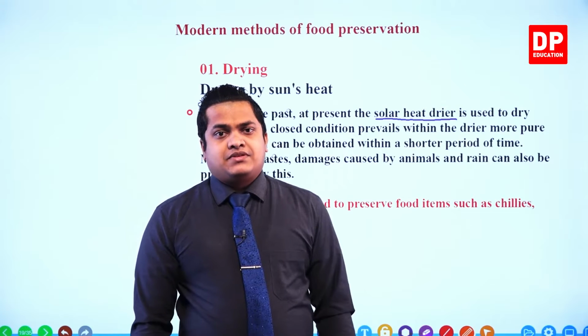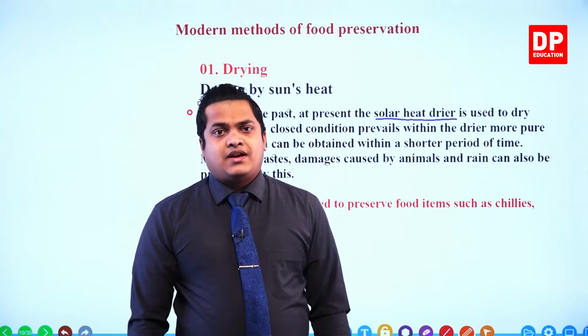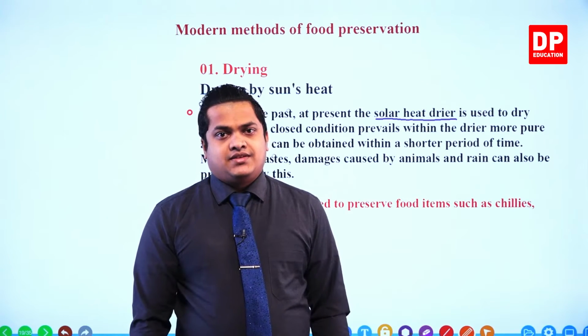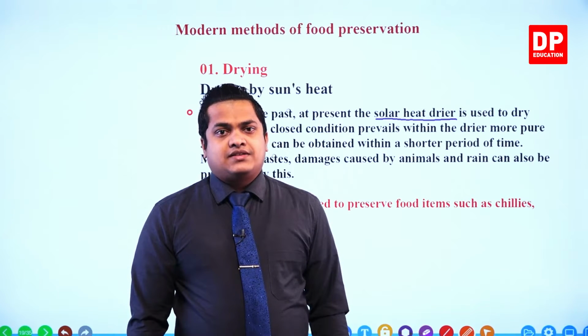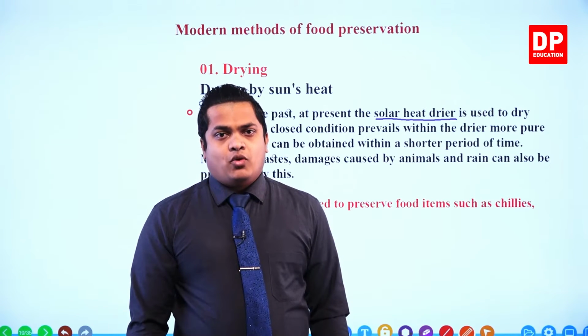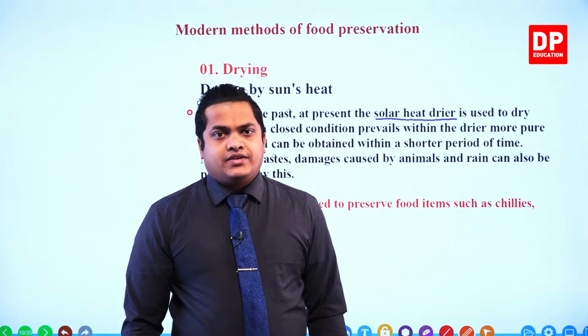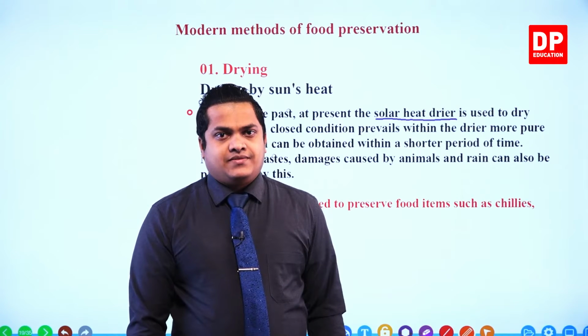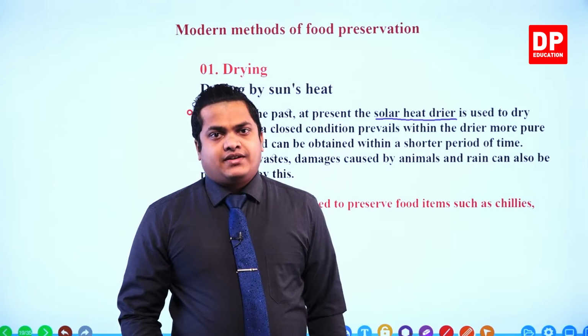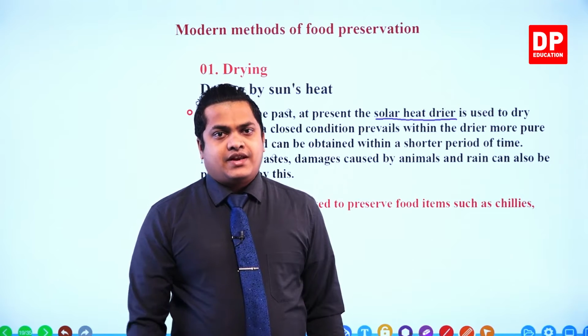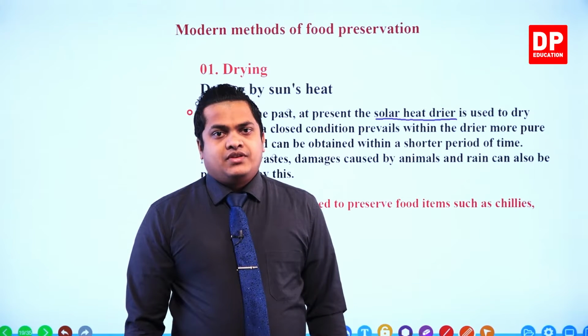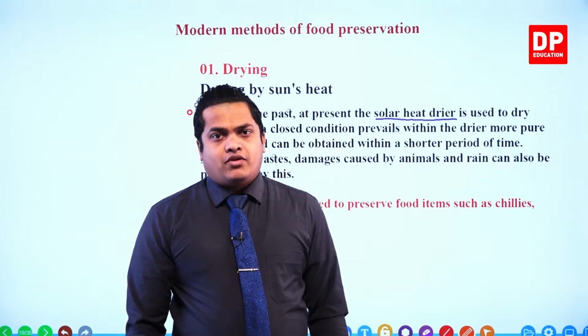Sometimes dogs and cats may come and sleep on them. There are factors like that as these things are in the open. However, if you use the solar dryer, as it is a closed system, these external factors will not affect the food at all.